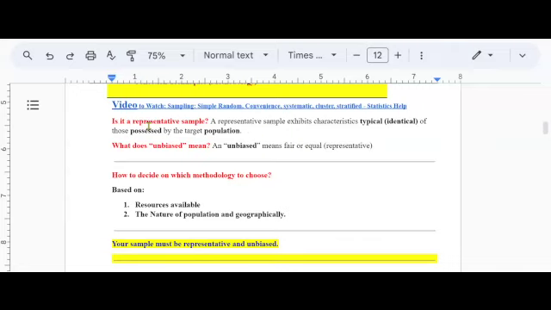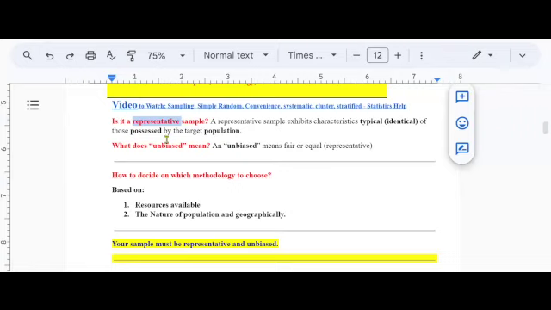Okay, here is representative sample. What is a representative sample? A representative sample exhibits characteristics typical of those possessed by the target population.